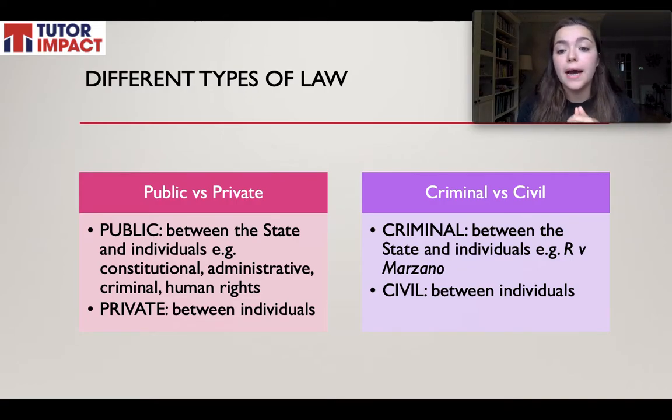It's being brought by the state, and we see this when we see the way that you would write the name of a case. So my surname is Marzano. So if I was the one who stole the bag, I'm being taken to court by the state. They would write my case as R v Marzano. And the R here, it's Latin, it stands for Regina, which means the Queen.